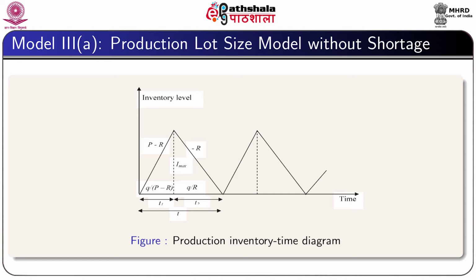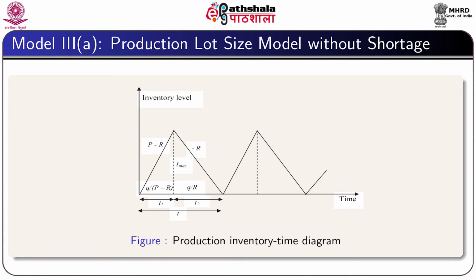With these assumptions, the diagram for the production inventory system can be obtained as shown in the slide. In the figure, the production starts at time 0 and since production rate is greater than the demand rate, the inventory level gradually increases and reaches the maximum level, that is I_max, after time T1, when the production is stopped.